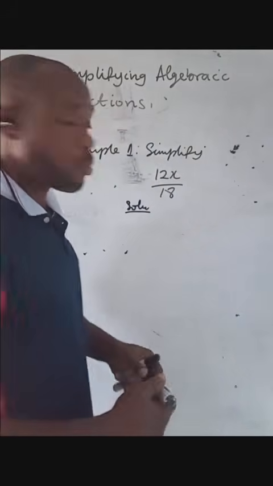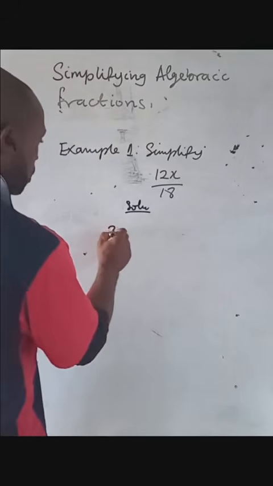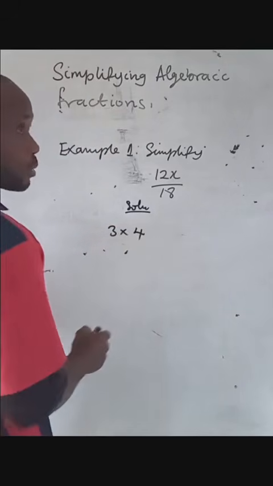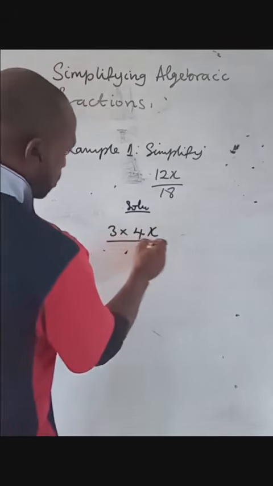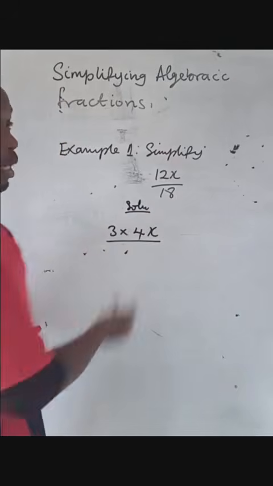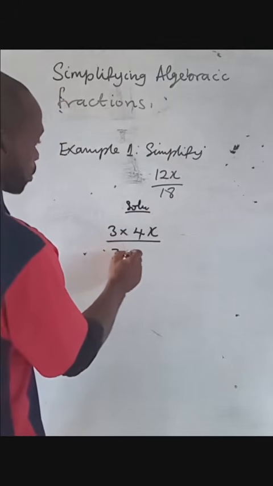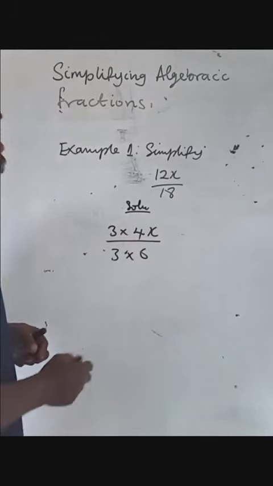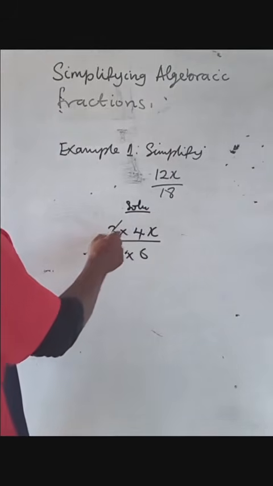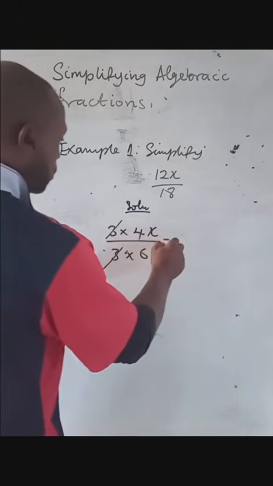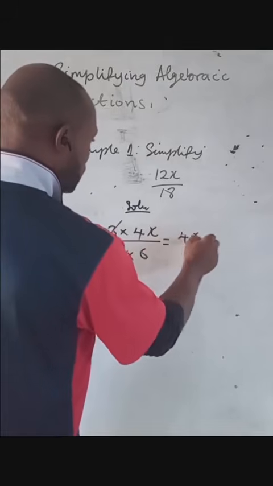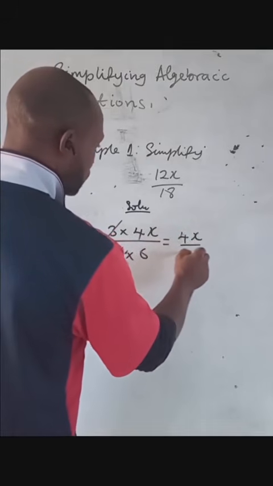Therefore, 12 can also be written as 3 multiplied by 4 multiplied by x, all over 18, which can also be written as 3 multiplied by 6. Now 3 will cancel out 3, and we are left with 4x all over 6.